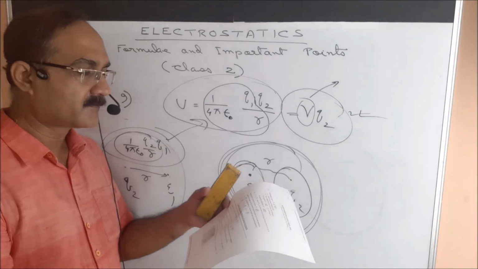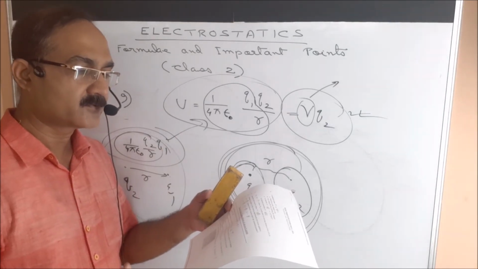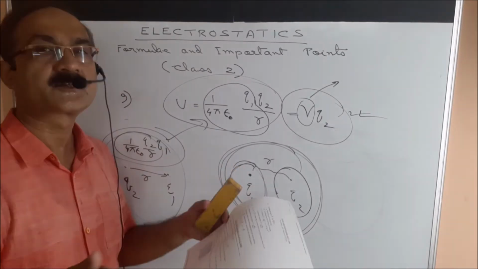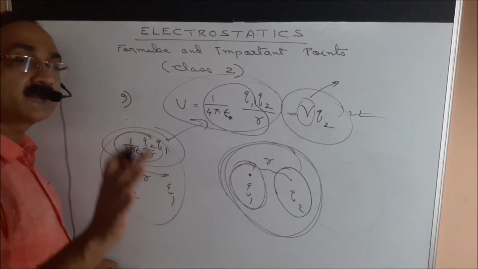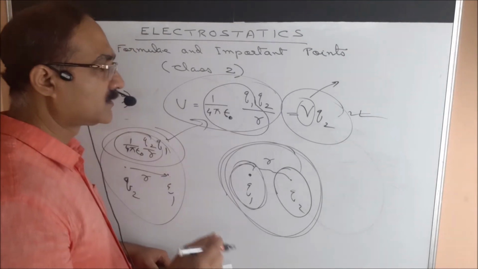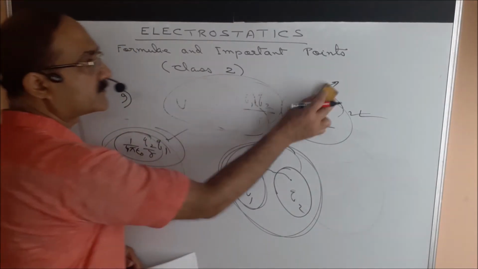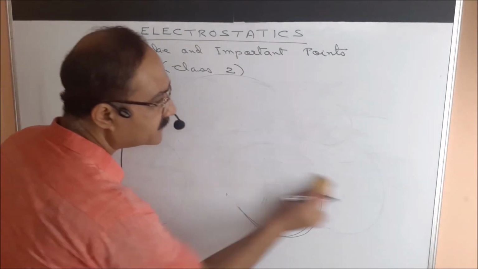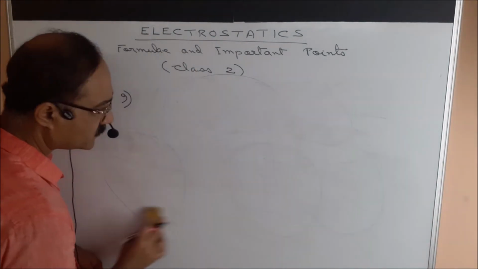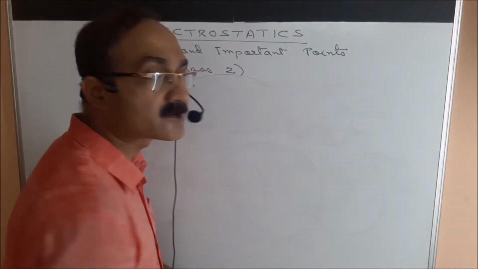From here follows the next point, point number 10. It says, for a system of more than two charges, we add the potential energies of all charges. So instead of two charges, if we have three charges, okay? Let me rub this off first. Say we have three charges, so what will be the potential energy of this system?